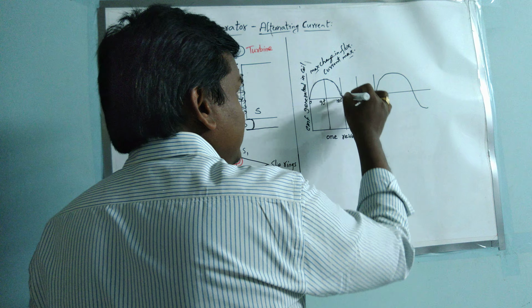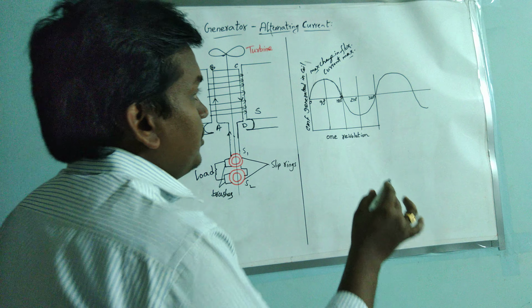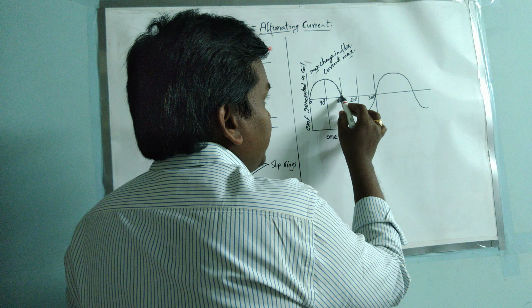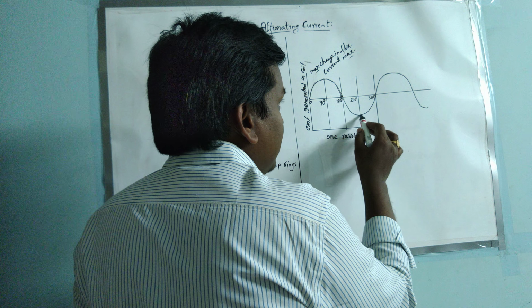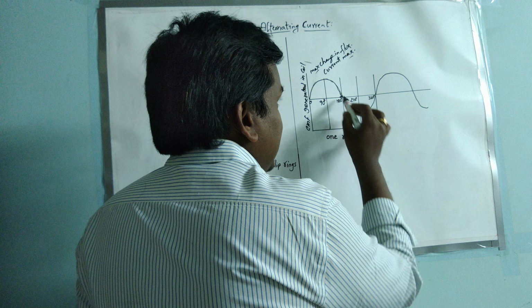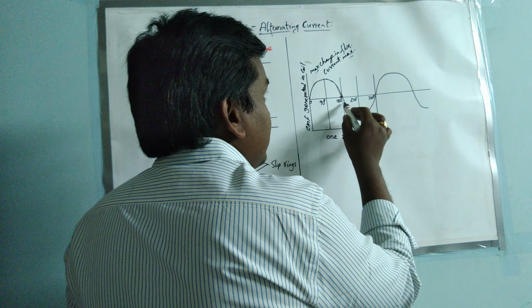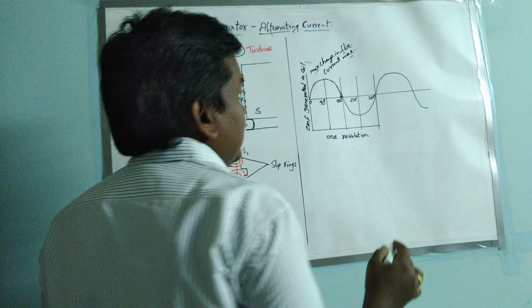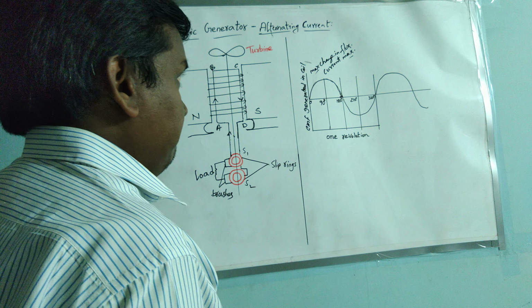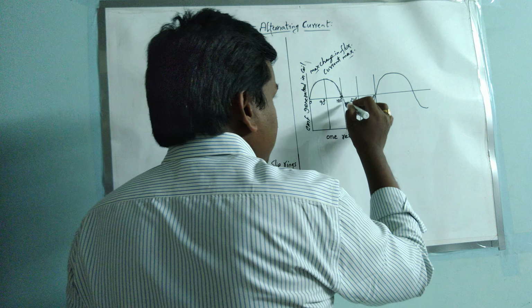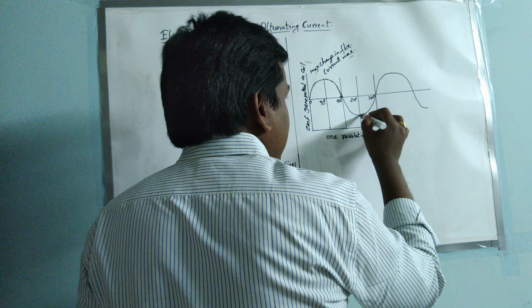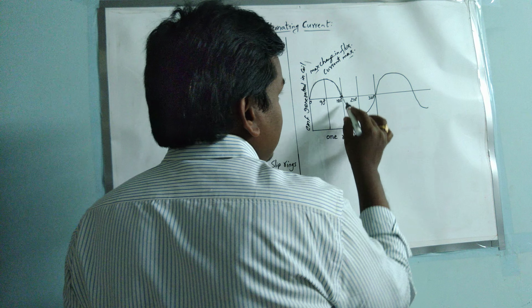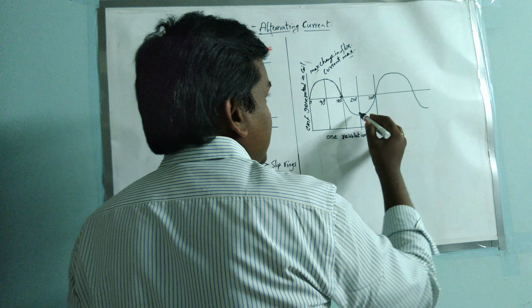Here it will be downward and here it will be upward. So due to the reversal of the current direction, the graph moves down like this, and the change in flux here is again minimum. So it is coming down here, and after 3/4 rotation, 270 degrees, again the flux will be maximum, but the current direction is opposite.